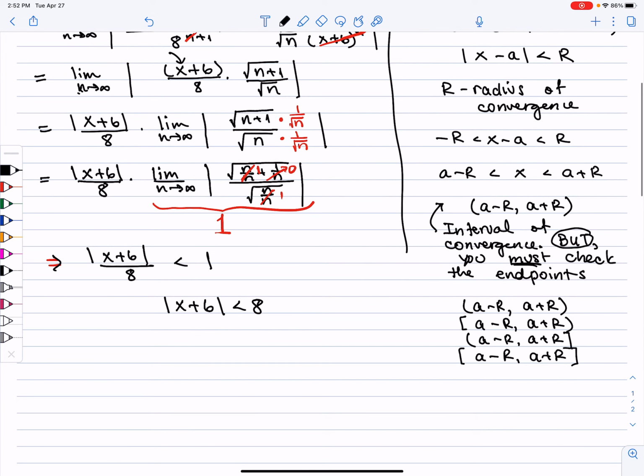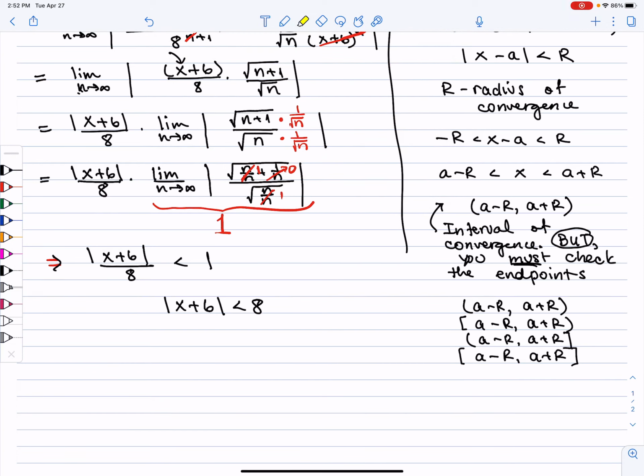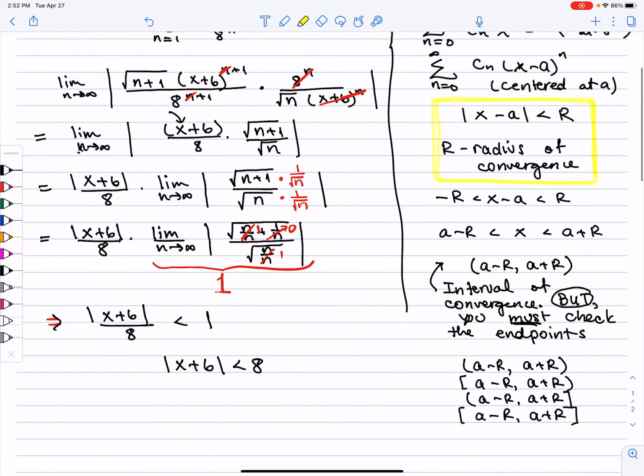Now remember up here, we talked about x minus a in absolute value less than r. And when we talked about that stuff, we said that r was the radius of convergence, and then we said the center was at a.